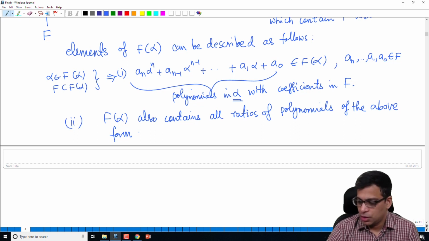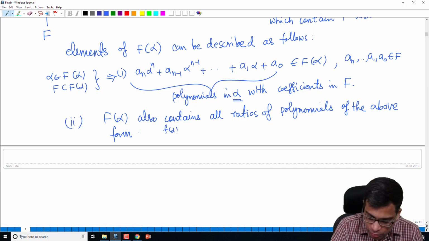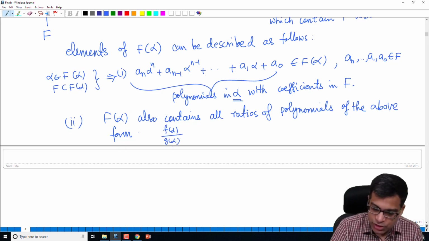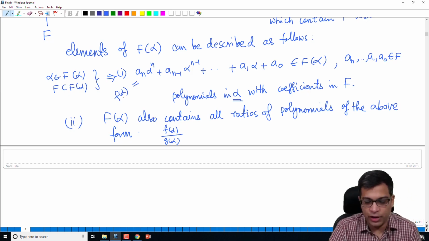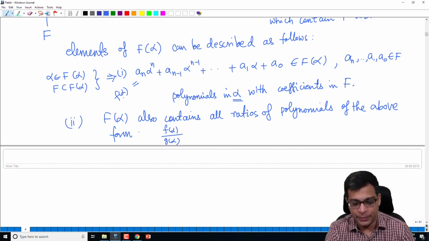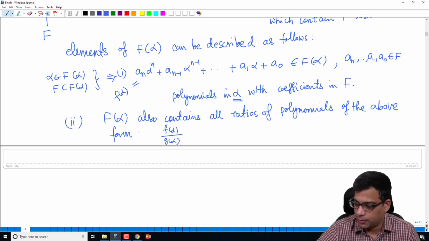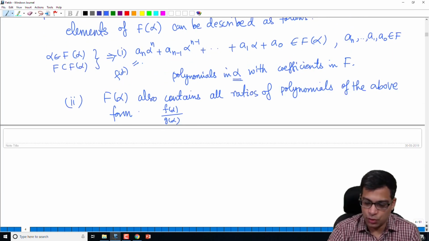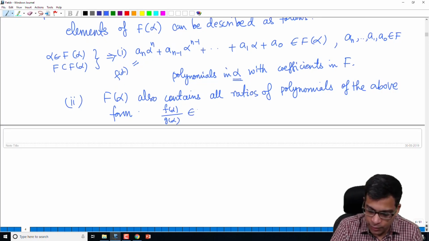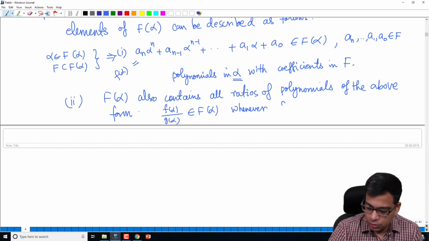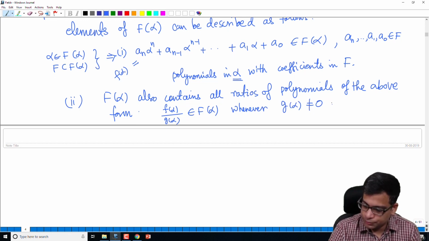We take ratios of f by g, small f by small g. So f(alpha) by g(alpha). So let's call this f(alpha), small f(alpha). That means you are thinking of a polynomial in a variable capital X, a_n x^n, a_{n-1} x^{n-1} and so on. Then you are plugging in alpha for x. Similarly, you take g(alpha), whenever g(alpha) is non-zero.